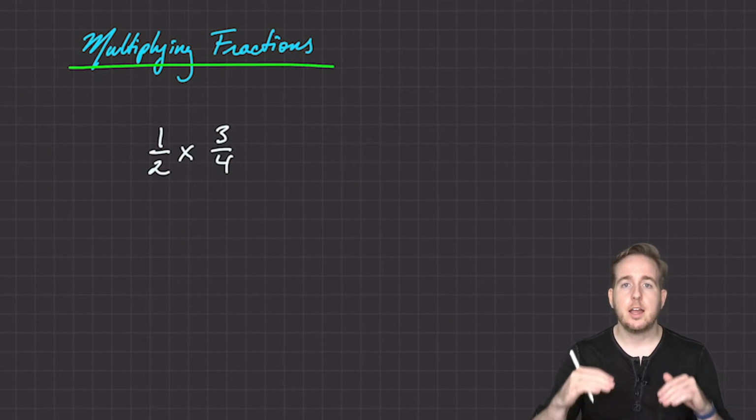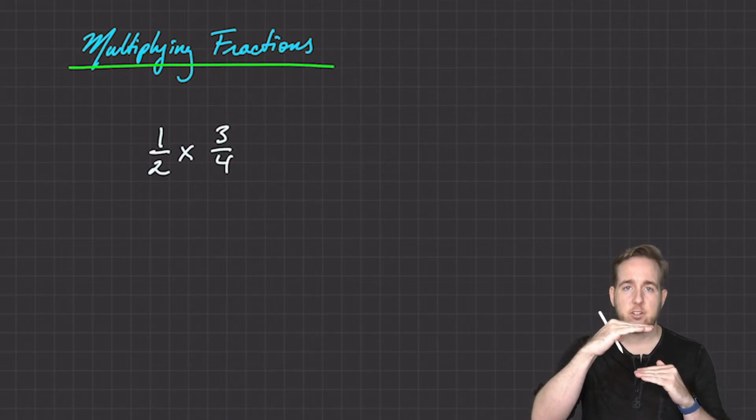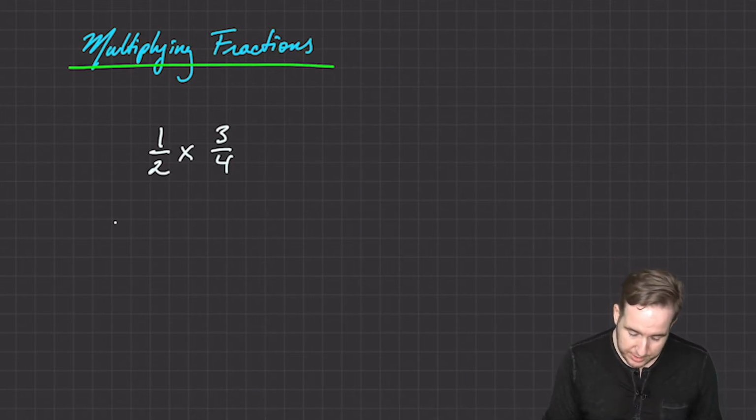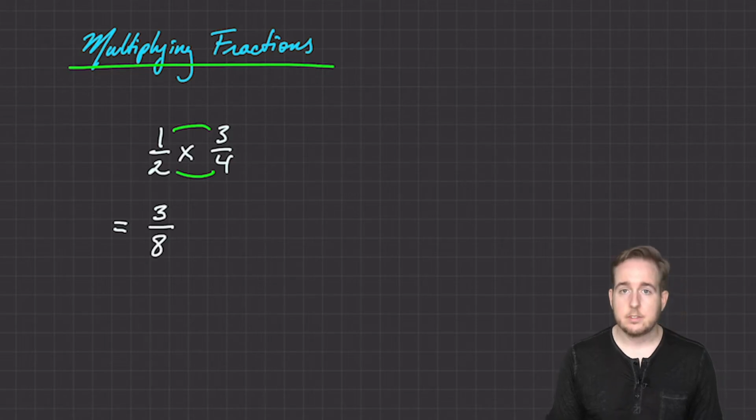The way you multiply two fractions is it is the top number times the top number, and the bottom number times the bottom number. So 1 times 3 is 3, and 2 times 4 is 8. That's it. So multiplication is easy.